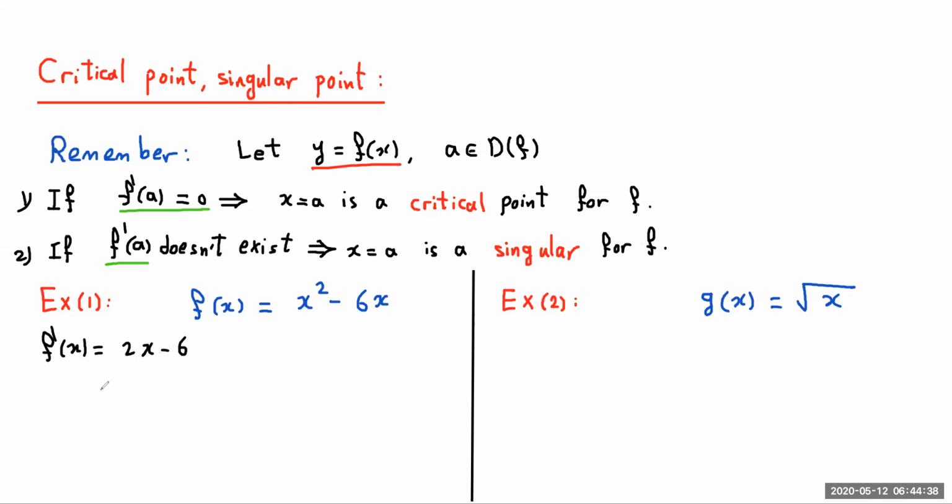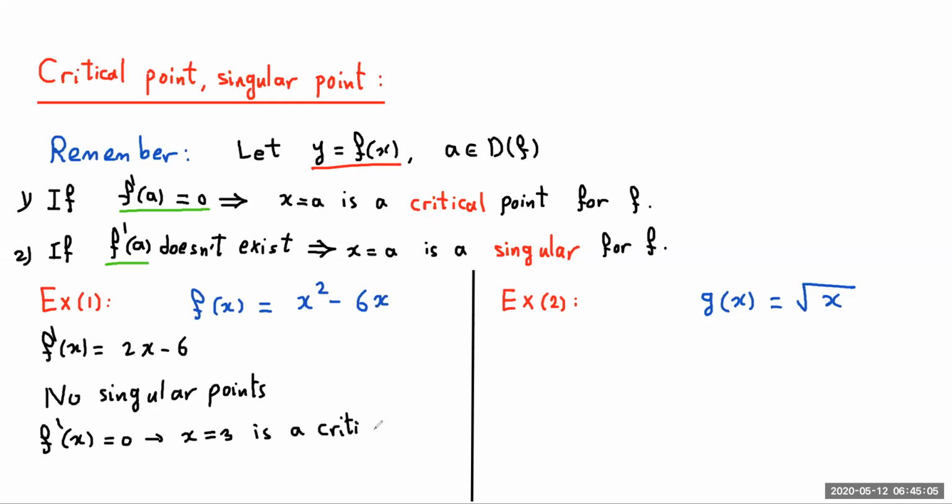So no singular points, because the derivative always exists for any real number x in the domain, and the domain is R. Now, if I put the derivative equal to 0, then x equal 3. So this is a critical point. So we have only one critical point and no singular point for the function f here.